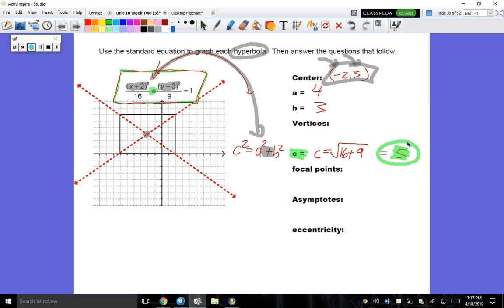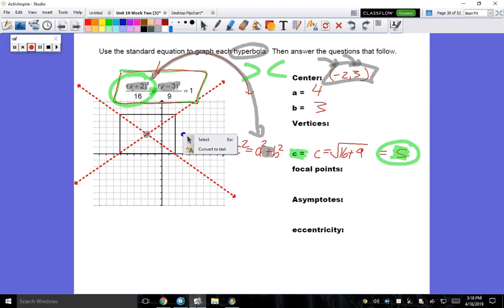So now I'm going to jump this much. Which direction? It's either left and right or up and down. Which one is it going to be for this particular equation? Left and right, because the x term was positive. So it tells me that it's going to be a horizontal hyperbola. If I jump 5 units to the right, 1, 2, 3, 4, 5, there is where I'm going to graph this focus.